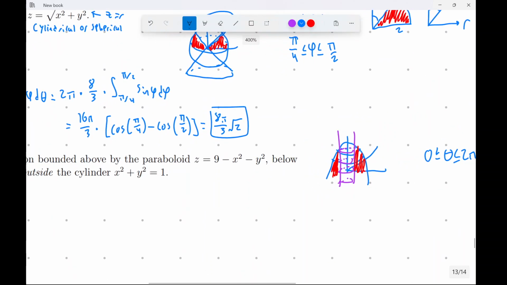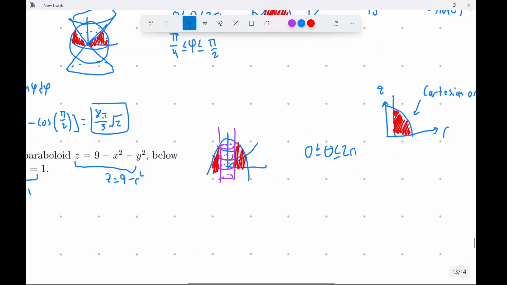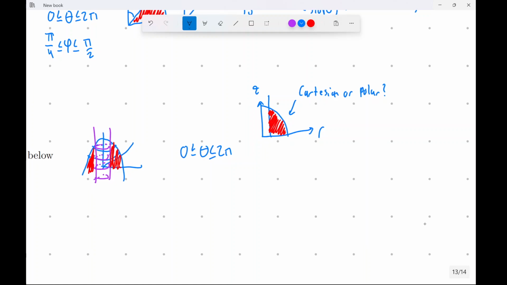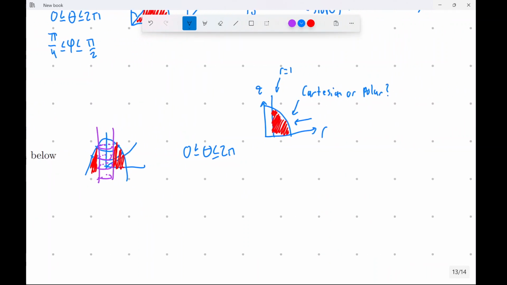The paraboloid is z equals 9 minus r squared. And the cylinder is just r squared is equal to 1. And so here our lines are, this one is r equals 1, and this one is 9 minus r squared. And so where does that intersect with the r-axis?